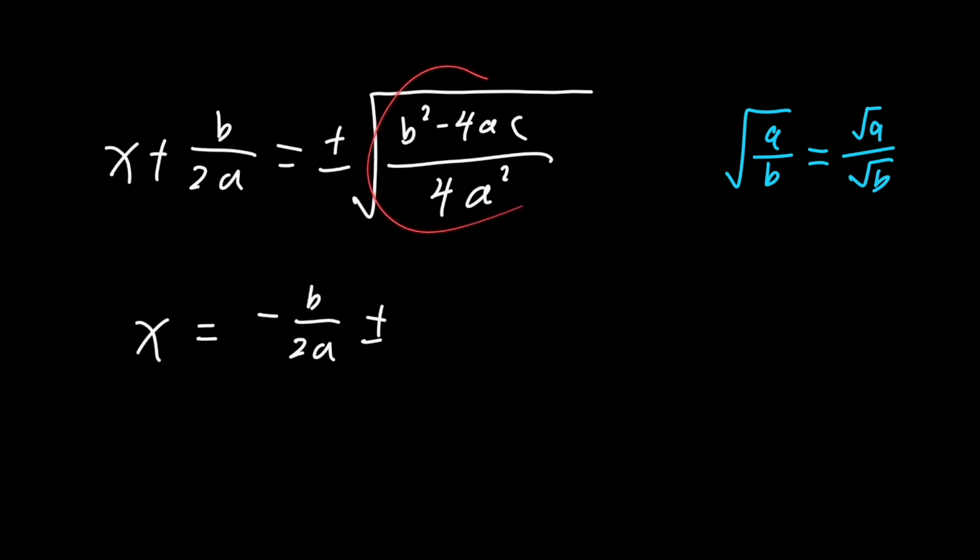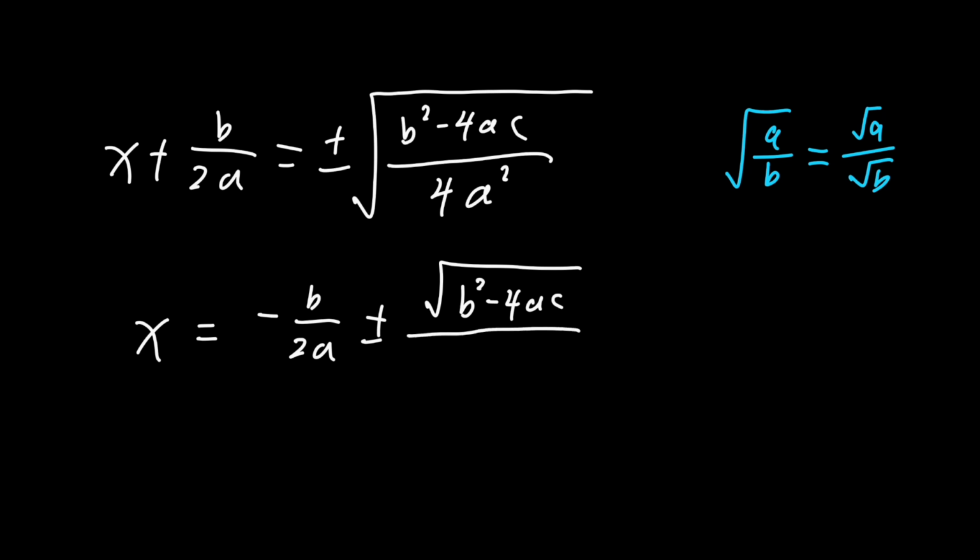So we can simplify this by rewriting it as the square root of b squared minus 4ac. And on the denominator, we have the square root of 4a squared. It's the same as 2a. So it's simply over 2a.